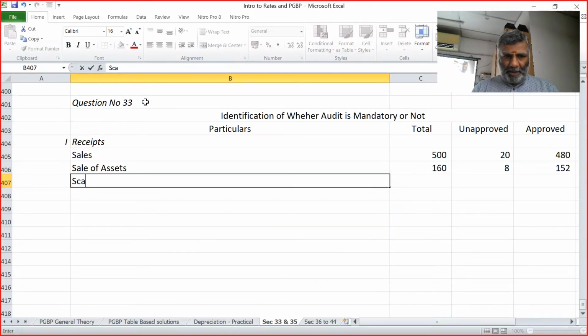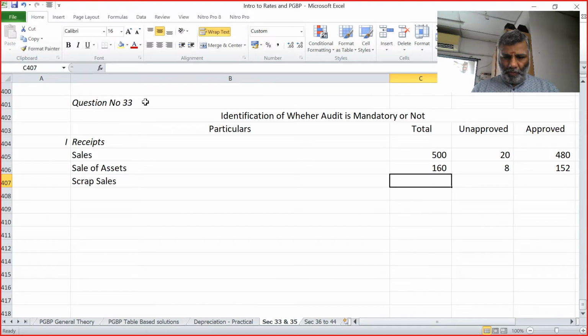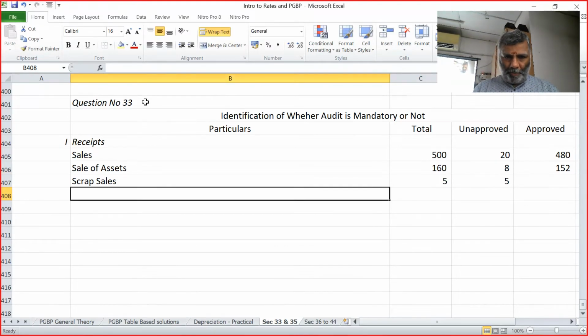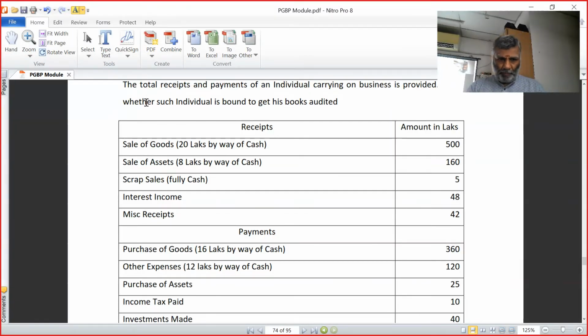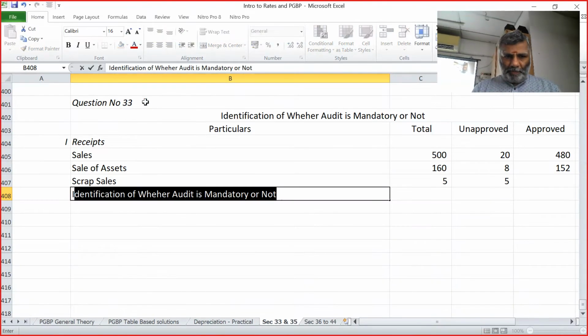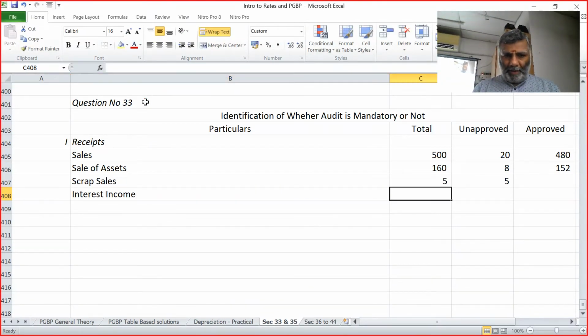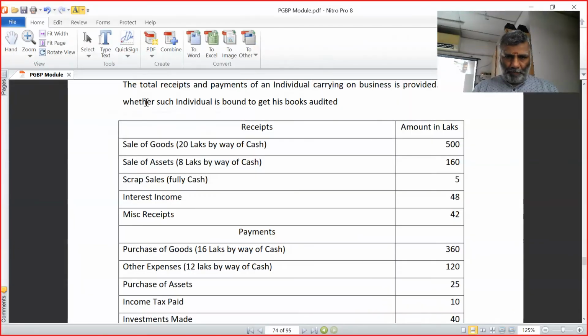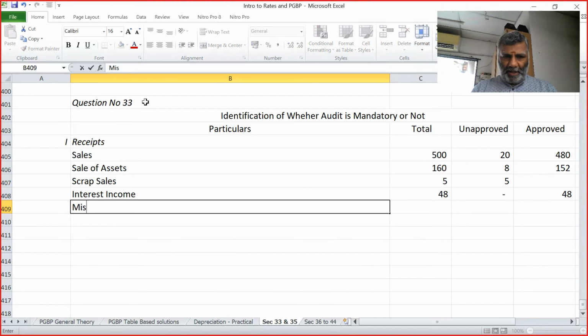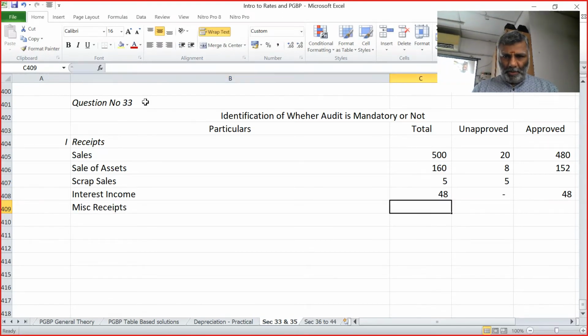Scrap sales, fully by cash. Interest income, fully by banking. Miscellaneous receipts, fully by banking.